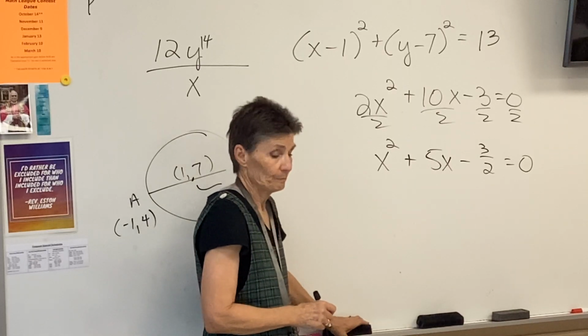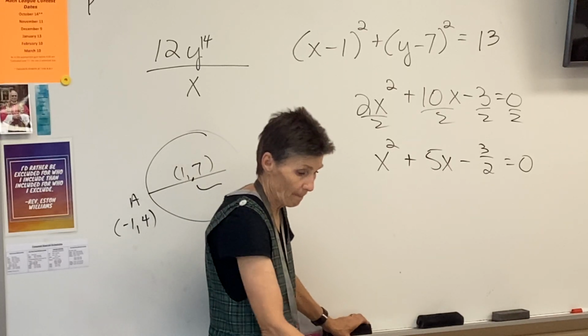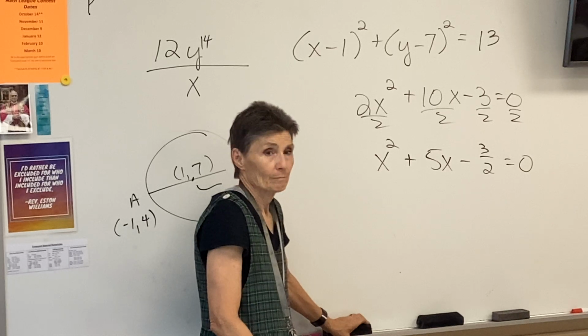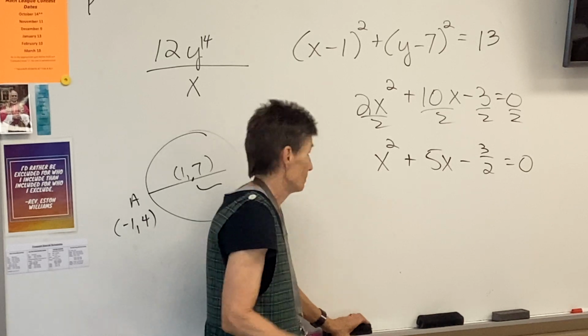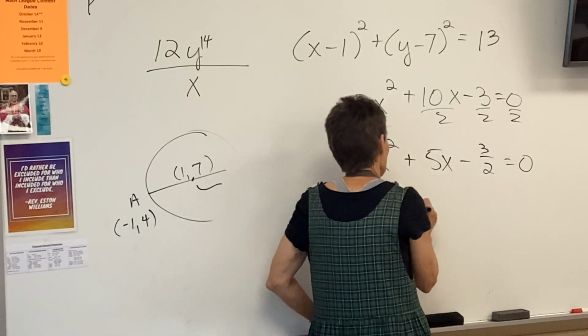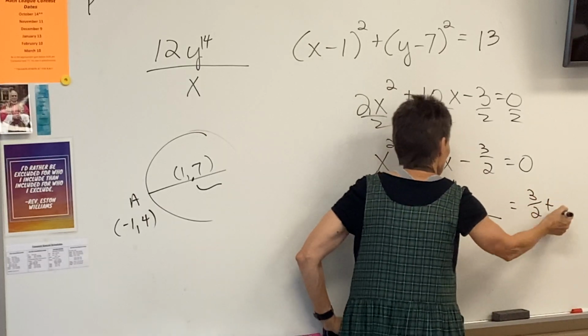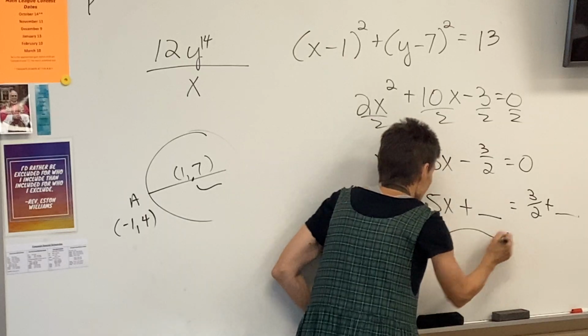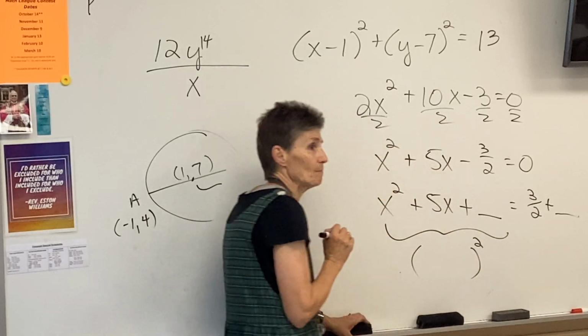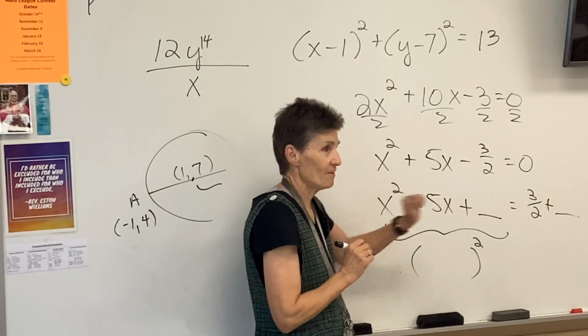Okay. What do I do now? Move the 3 over. Yeah, gotta move it over, gotta make room, because we are going to turn this into something squared, right? And 3/2 does not fit now.